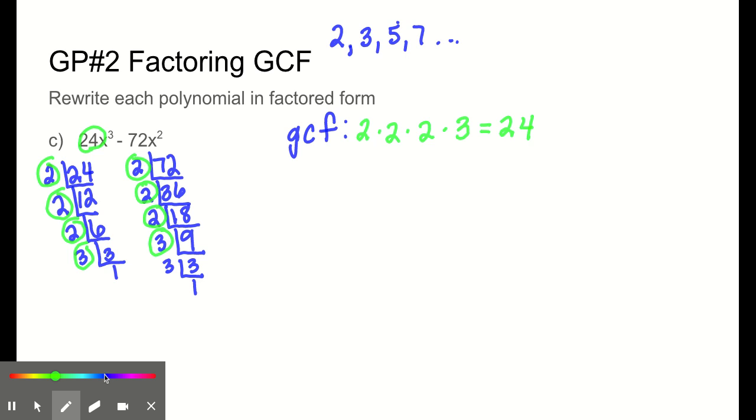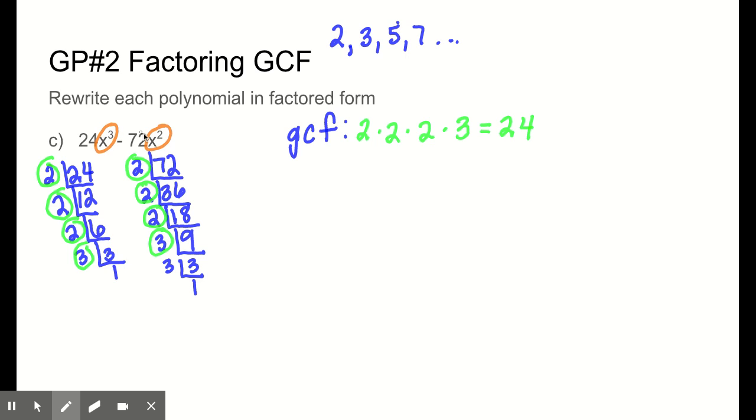So now we're going to rewrite our polynomial in factored form. Oh, I'm sorry, I missed the variable. Notice that both of our terms do contain a variable. This one is x to the third power, and this one is x to the second power.